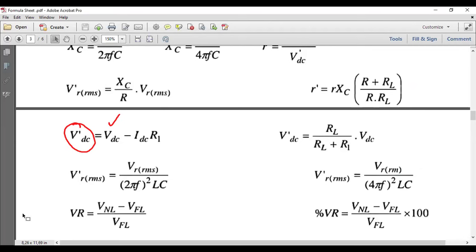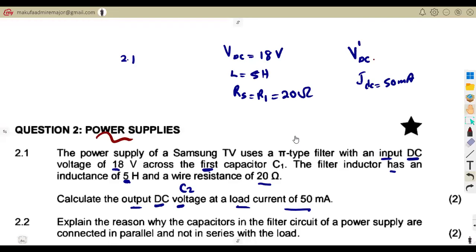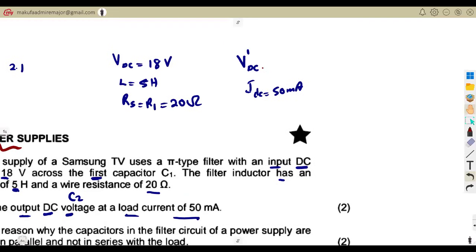So simply, what were you going to do? It was simply to substitute the values that we are given. So I need us to take this formula and substitute our values. As we can see, the VDC at the output can be calculated as our VDC minus IDC times R1. So we're going to substitute 18 minus, everything is there, guys.